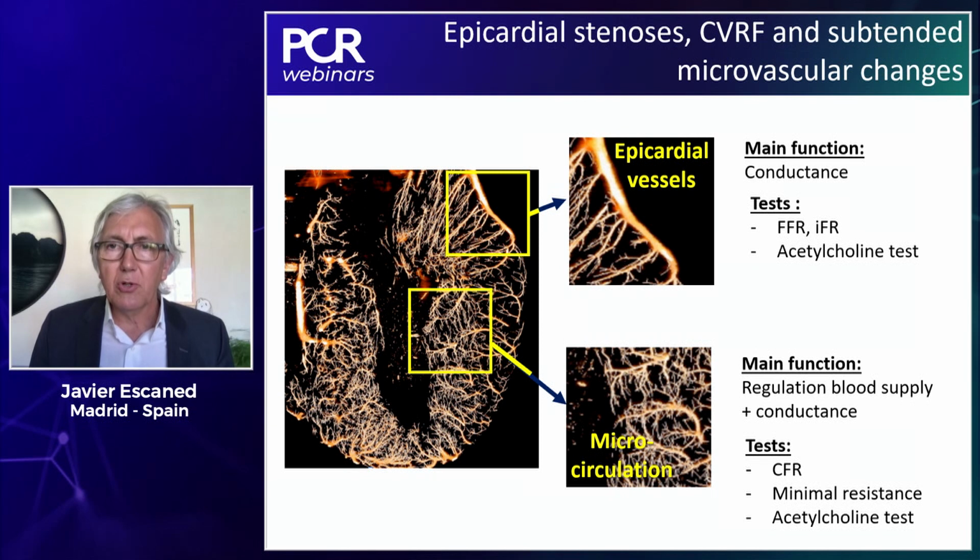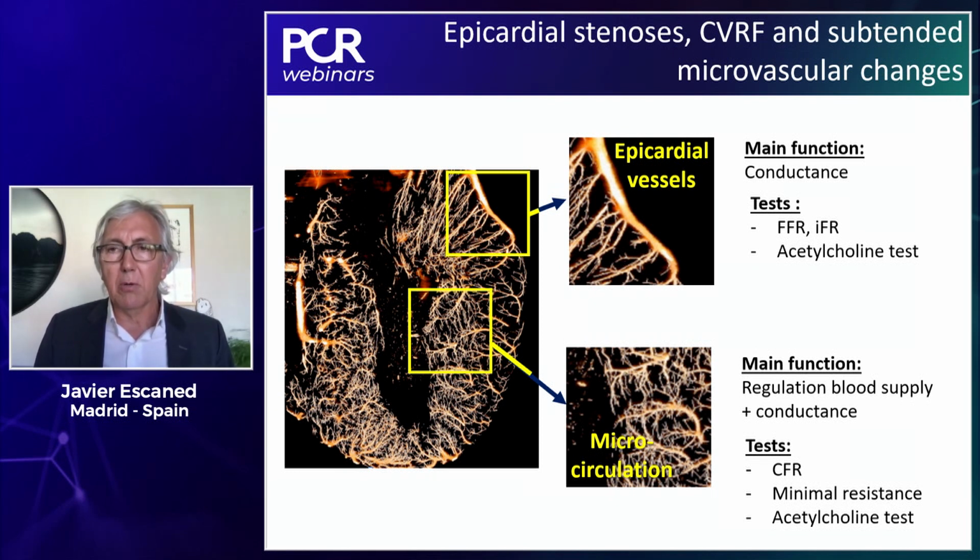Now, how do we measure and understand what happens in the patient who has coronary stenosis? Again, we have to remember that because the main function of the epicardial vessels is conductance, the tests we use to measure if you have a flow-limiting stenosis in the epicardial coronary arteries are indexes of conductance, like coronary flow reserve or iFR. But you also may use acetylcholine testing in case you think there may be a dynamic stenosis caused by epicardial spasm.